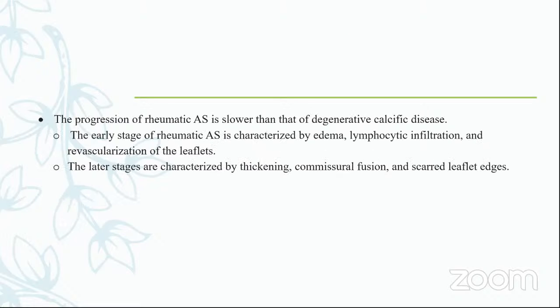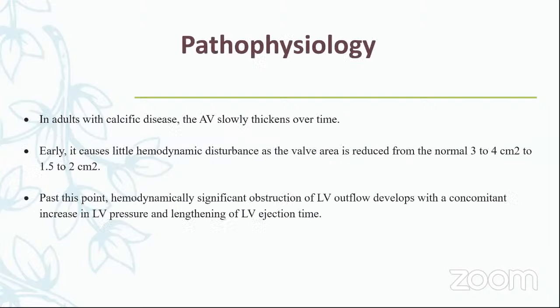The progression of rheumatic AS is slower than that of degenerative calcific disease. In the early stage, it is characterized by edema, lymphocytic infiltration, and revascularization of the leaflet. However, in the later stage, there will be thickening, commissural fusion, and scarred leaflet edges.